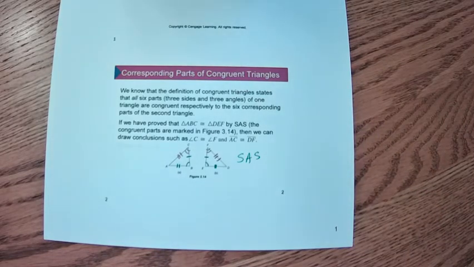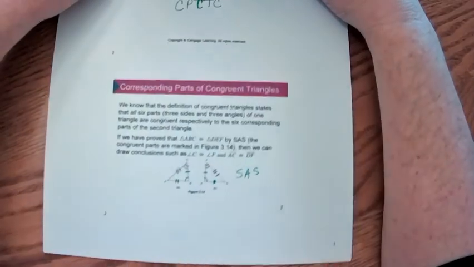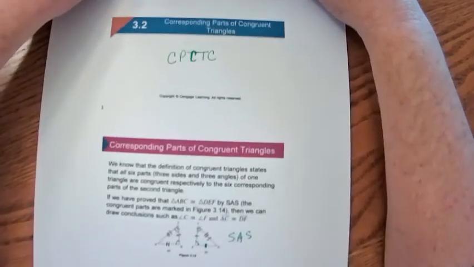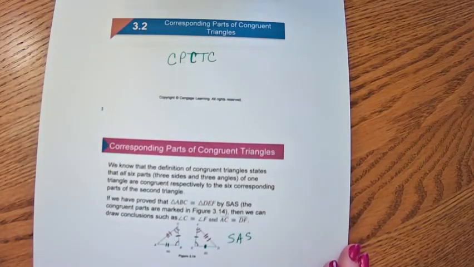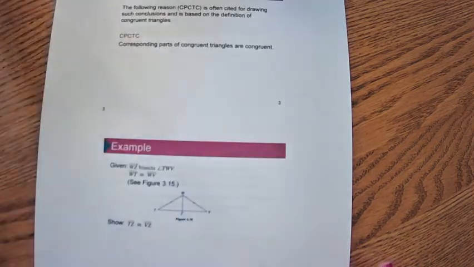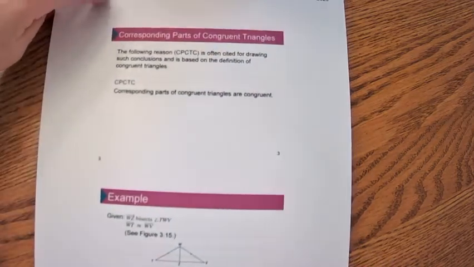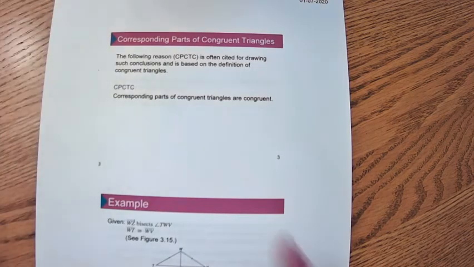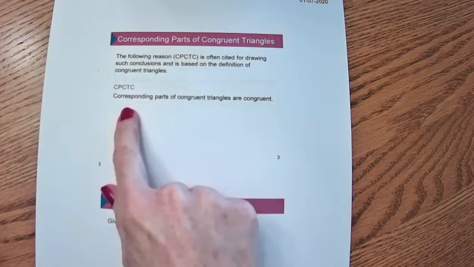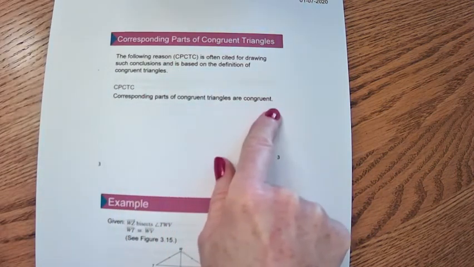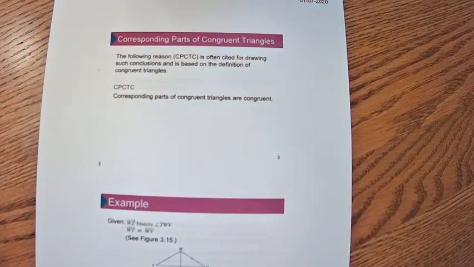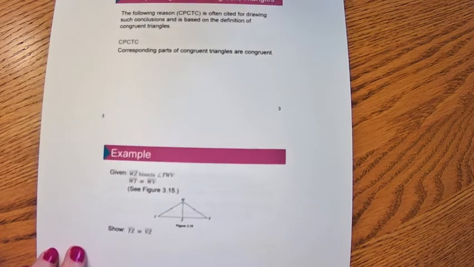And yes, you can, because of the reason we're going to talk about now, which is corresponding parts of congruent triangles are congruent. Once 2 triangles are proven congruent, you can say that any of the congruent angles or sides are also congruent.